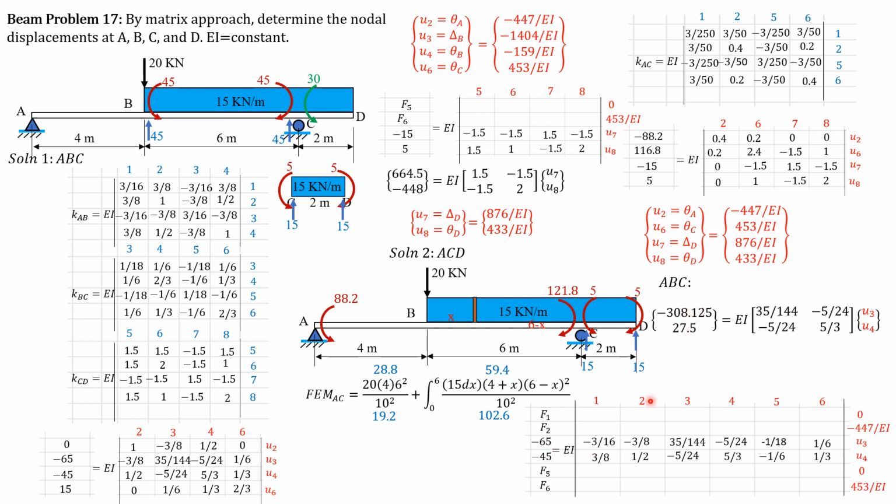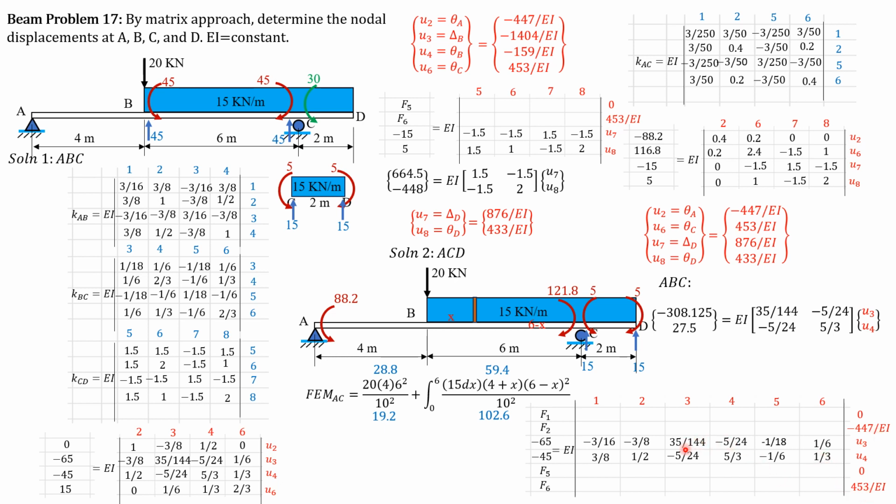Then this 27.5 is negative 45 plus 1/2 of 447, because when you transpose that, it becomes plus. Then minus 1/3 of 453. You will get 27.5. Again, 27.5 is negative 45 plus 1/2 of 447, positive 447, then minus 1/3 of 453.